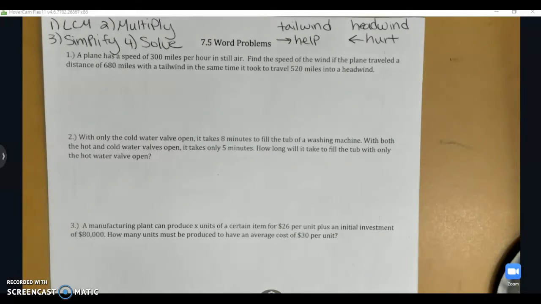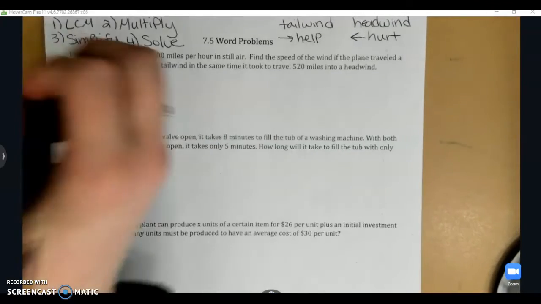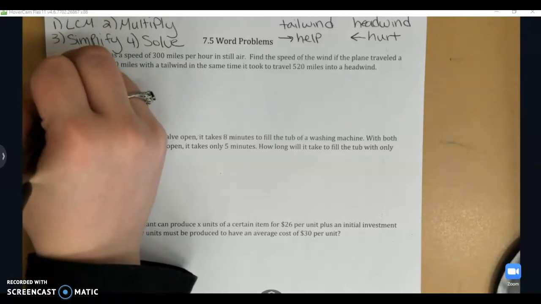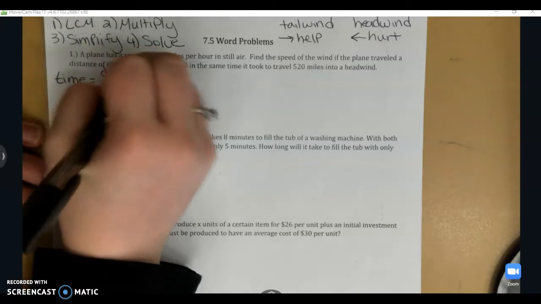It's slowing us down. So those of you in physics might be familiar with these equations already, but if you're not, time can be written as the distance you travel over your speed.